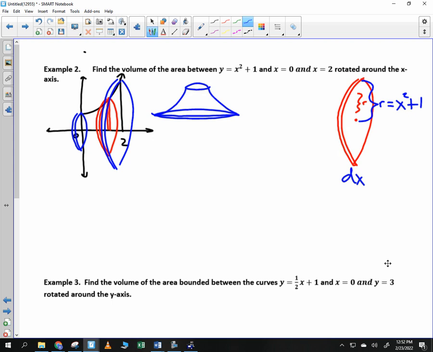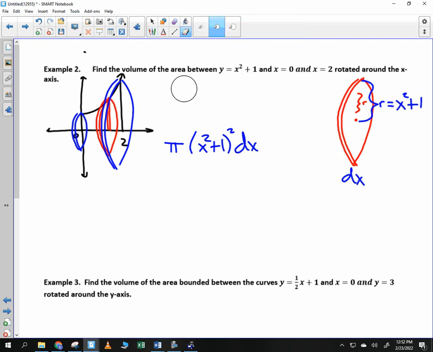And so therefore, my integral will look like this. Pi times x squared plus 1 quantity squared dx. I don't want to do one of those. I want to do an infinite number. Bounds of integration, 0 to 2.